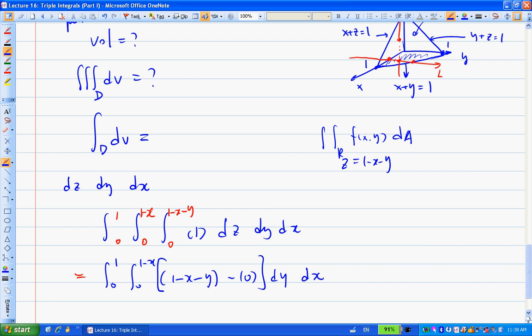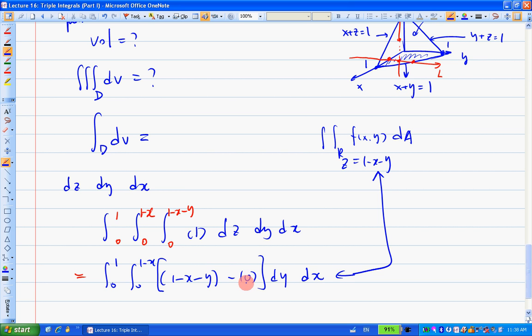That makes sense? If you look at this one here, it's exactly the same as the double integral we were talking about before. Inside this bracket is the upper surface minus the bottom surface.